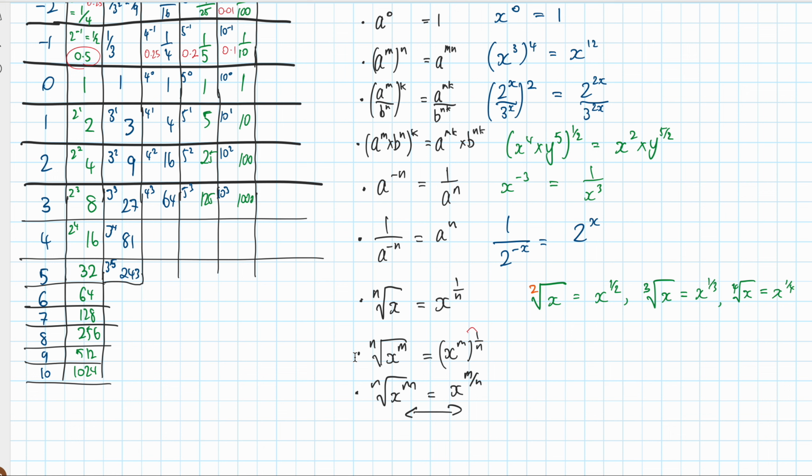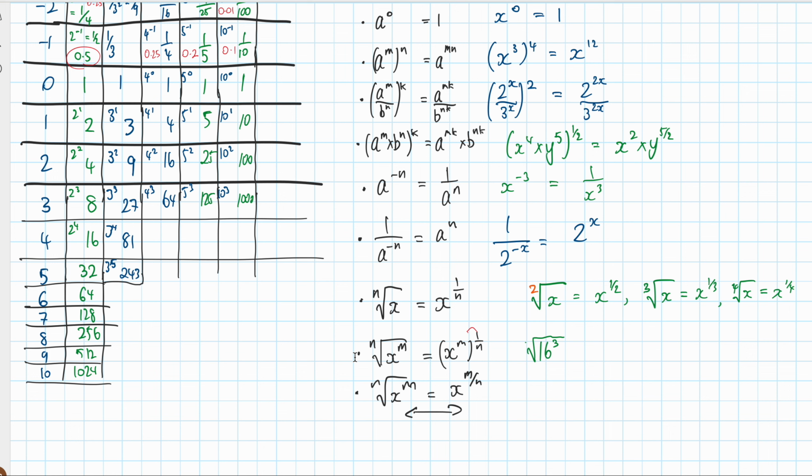Okay, now let's do some examples. I could well have been asked to evaluate, I'm just trying to think of a number here. Okay, let's go 16, and this is going to be something like that.